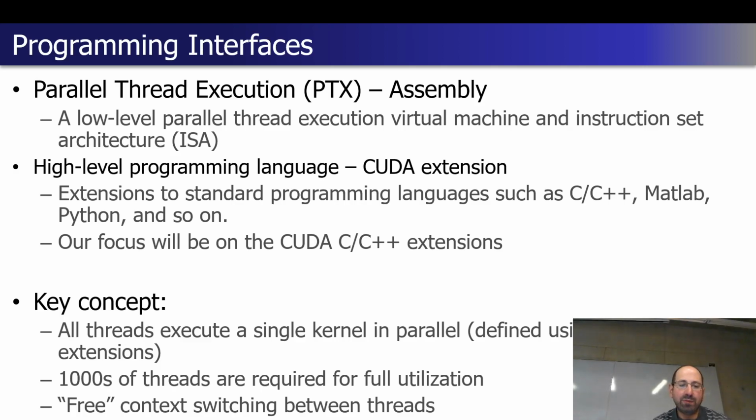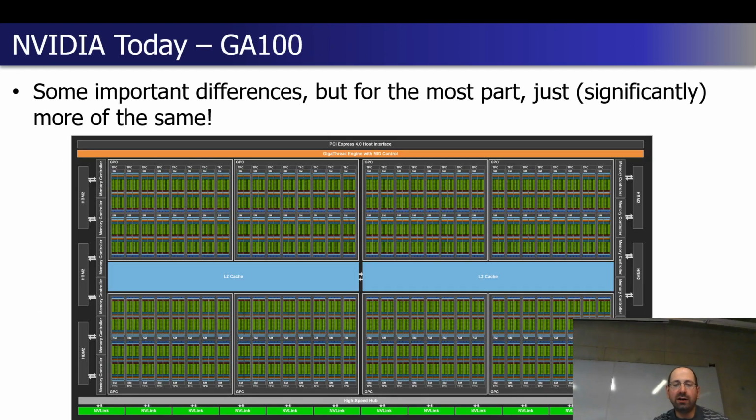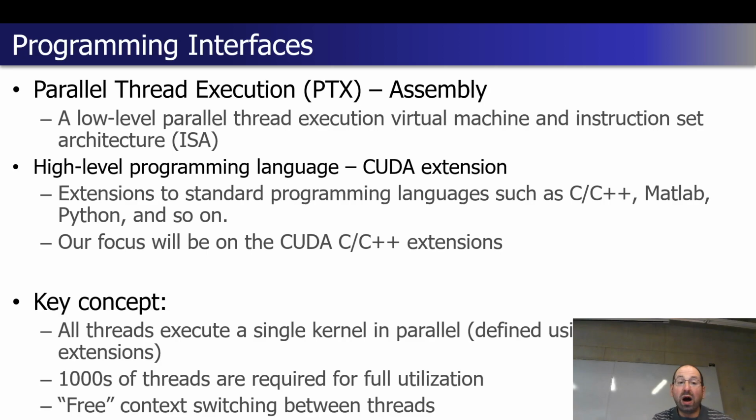The key concept that we've already briefly touched upon is that you're going to have thousands of these threads, and you generally want a large number of threads because you have an architecture that looks something like this. The whole point is to keep it full, to keep it happy, to be using it effectively. So you want applications that you can break down into thousands and thousands of subtasks.